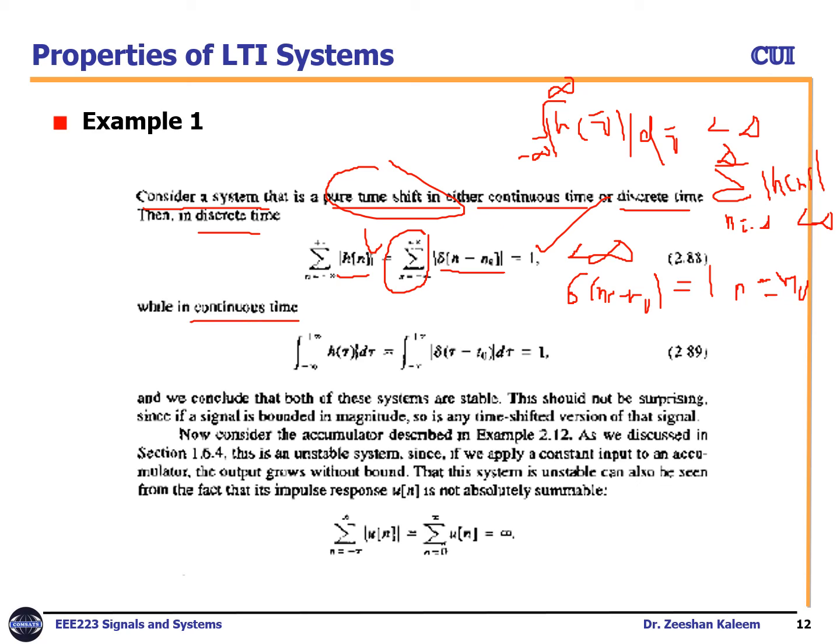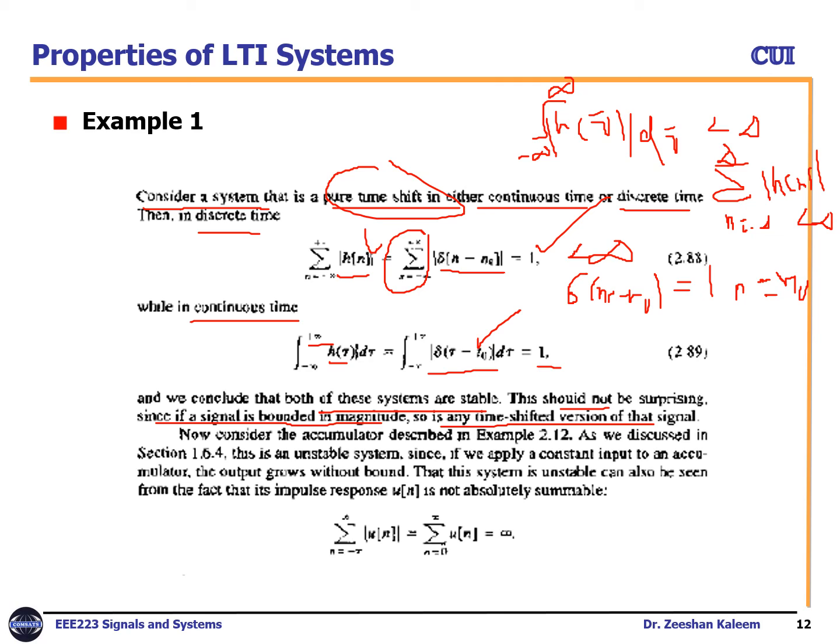While in the continuous case, the integral from minus infinity to plus infinity of delta of tau minus t naught will be 1 only for t naught. So the result will be 1. So it means that it is bounded stable. And we conclude both of these systems are stable, and this should not be surprising, since if the signal is bounded in magnitude, so is any time shifted version of that signal.